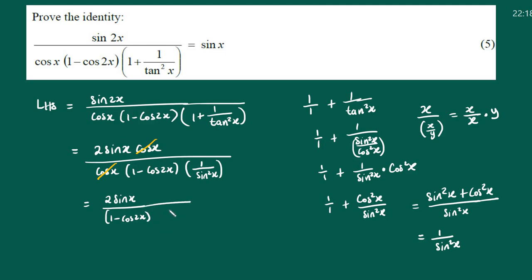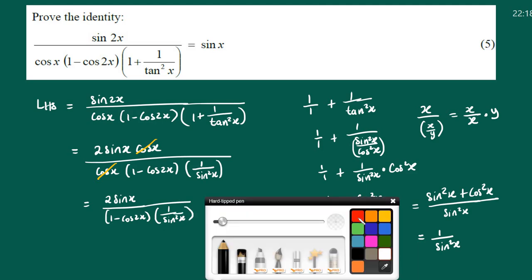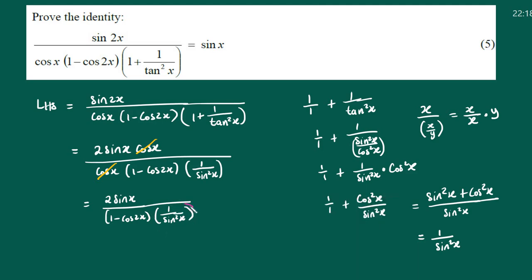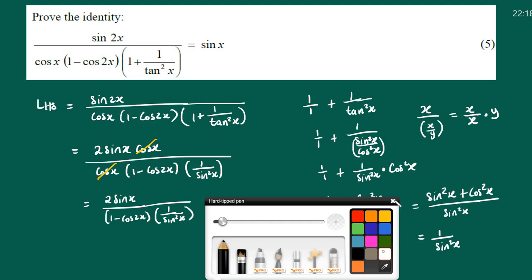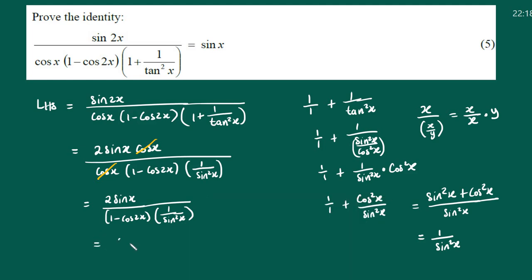And then I want you to actually check something out. You have sine squared x here, right? Is this denominator not a fraction? The denominator is a fraction. So what can we do? We can actually then say we have 2 sine x over that 1 minus cos 2x, then over 1 times the bottom fraction, which is what?